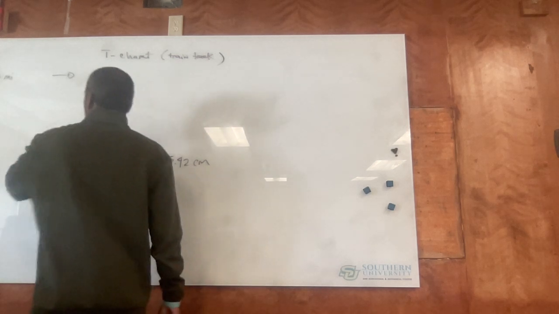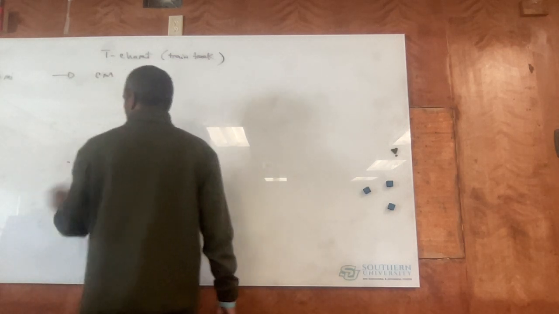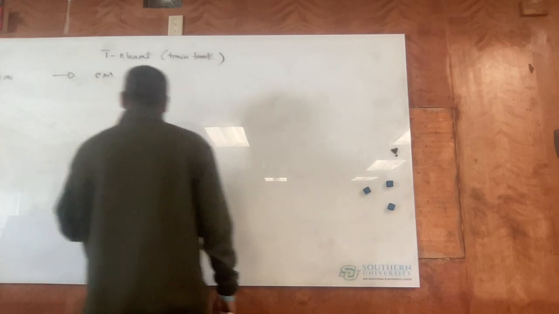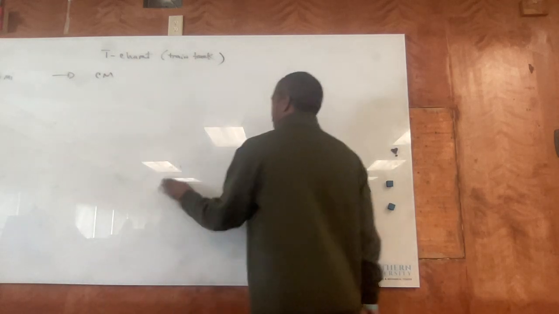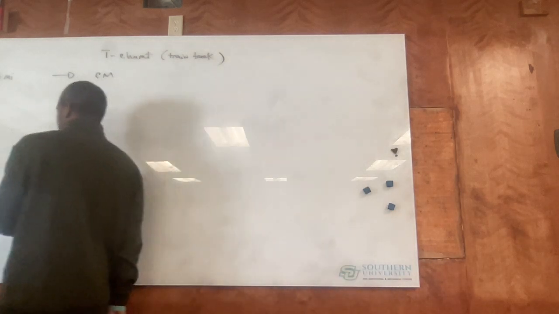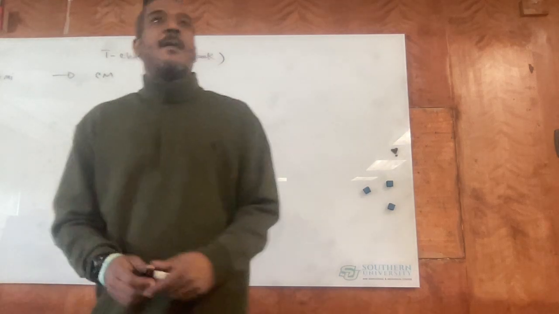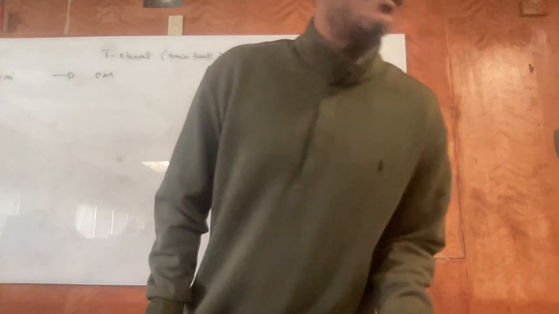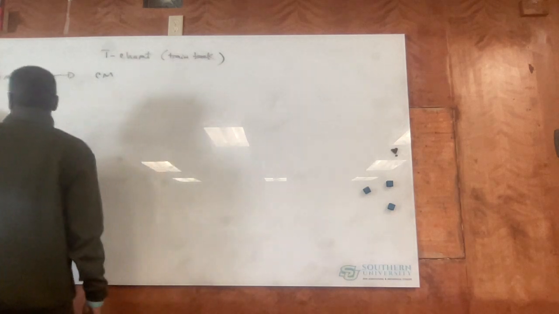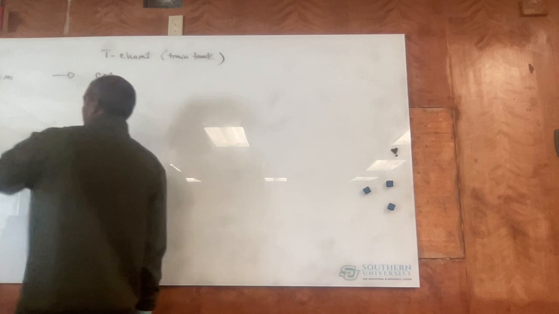What's the first step? Go to feet. I agree. How do we get feet from 6 miles? 5,280. So I start off my train track with the number I'm trying to convert.